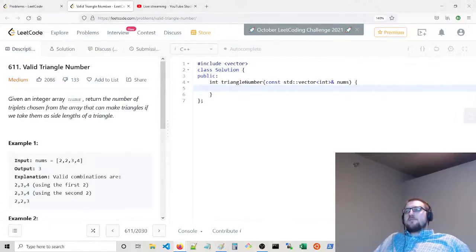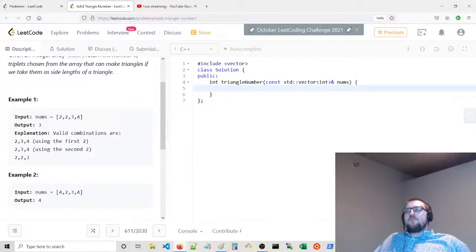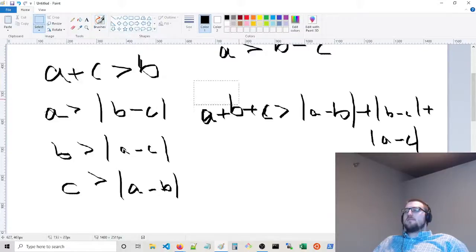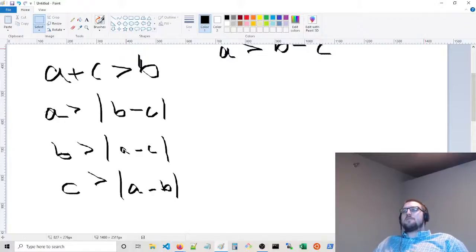What are the differences between these? 1, 1, and 2. So 1, 1, and 2 gives you 4, and then A plus B plus C is quite a bit larger. But that doesn't work for 2, 2, and 4, right? You get 0 plus 2 plus 2 is 4, and then obviously 4 plus 2 plus 2 is greater than 4. So that actually is not very useful. This doesn't capture everything.